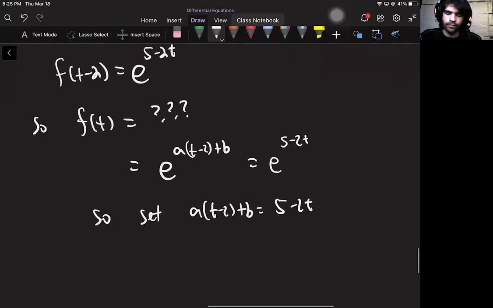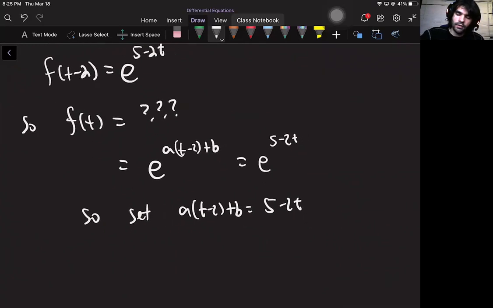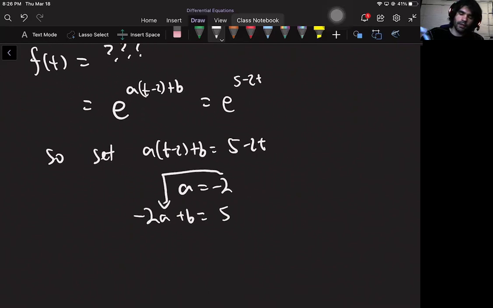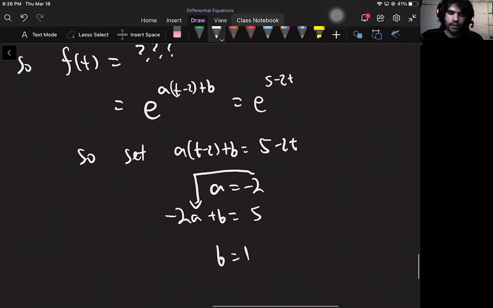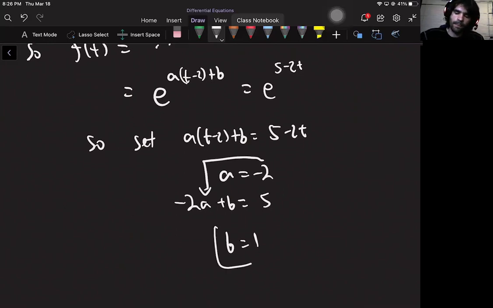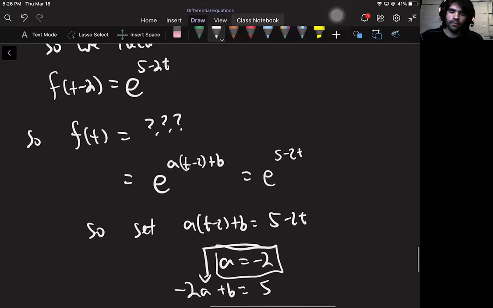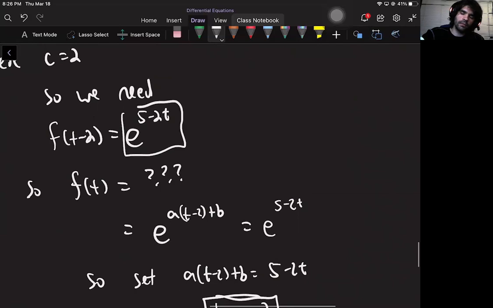It's just a little system of equations. So a times t needs to equal -2 times t, so a has to be -2, and -2a plus b needs to add up to 5. So then I already got a, plug that in there, and you'll get b equals 1. So that tells me the function that if I plug in t minus 2, it'll become this thing.